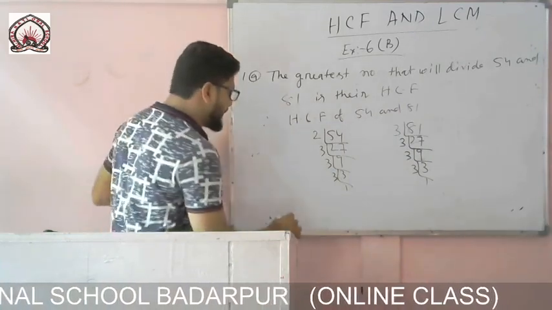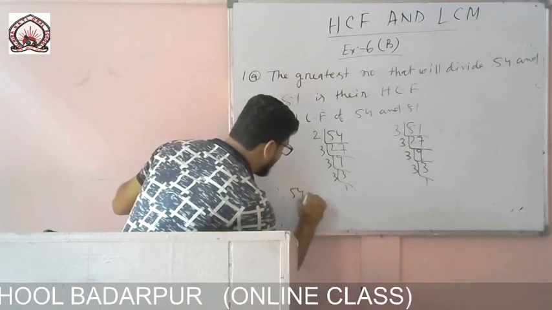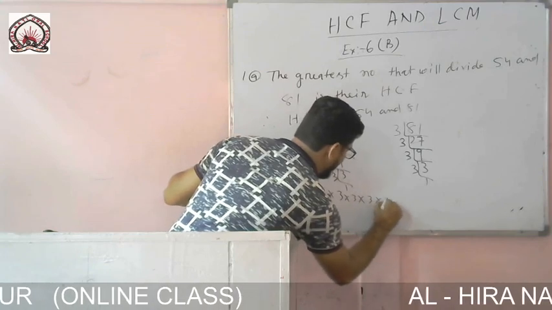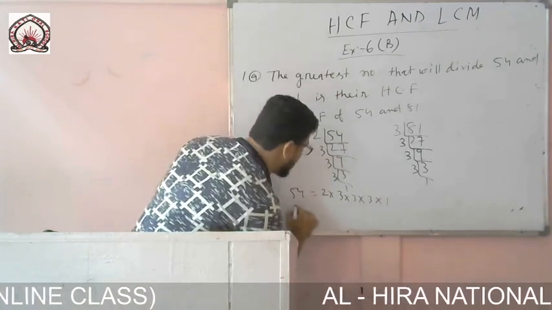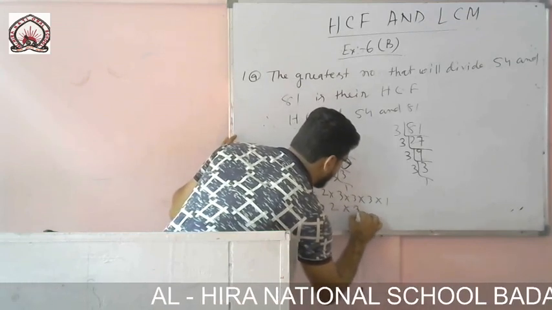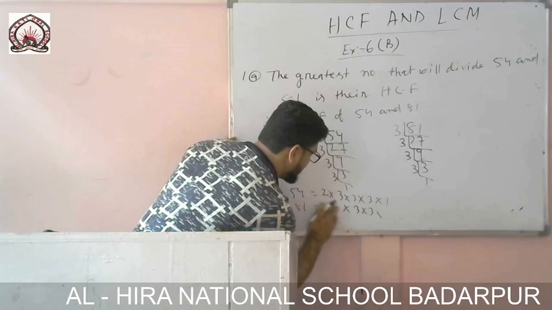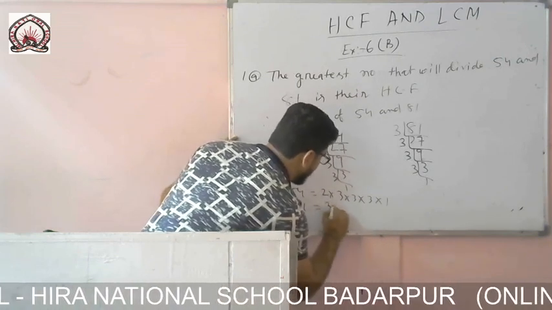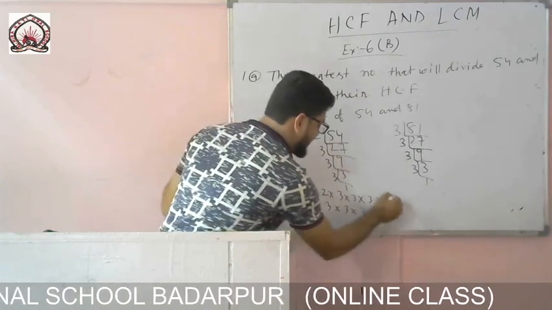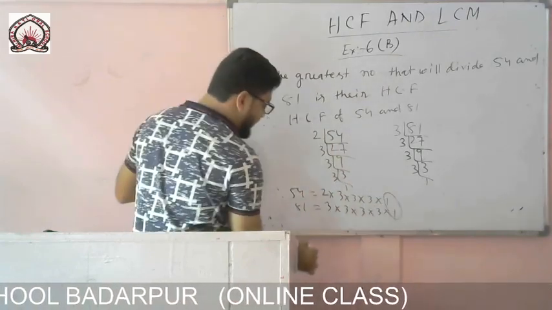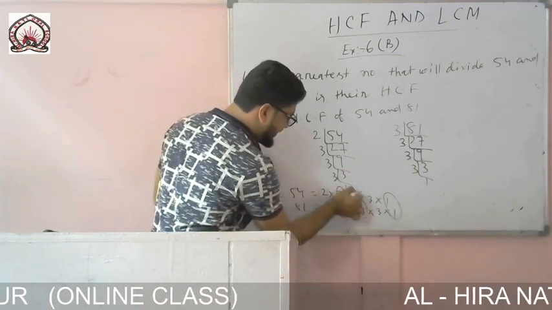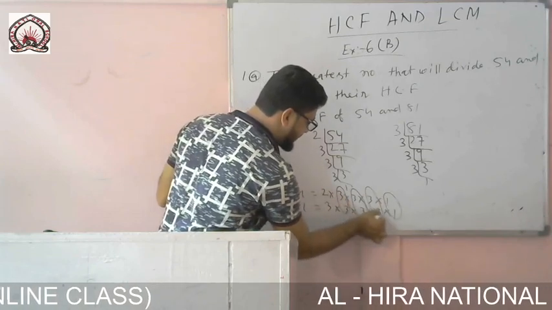Now you group. Therefore 54 equals to what? 2 into 3 into 3 into 3 into 1. And here 81 equals to what? 3 into 3 into 3 into 3 into 1. 1 is common. Here this 3 is common, this 3 is common, this 3 is common.